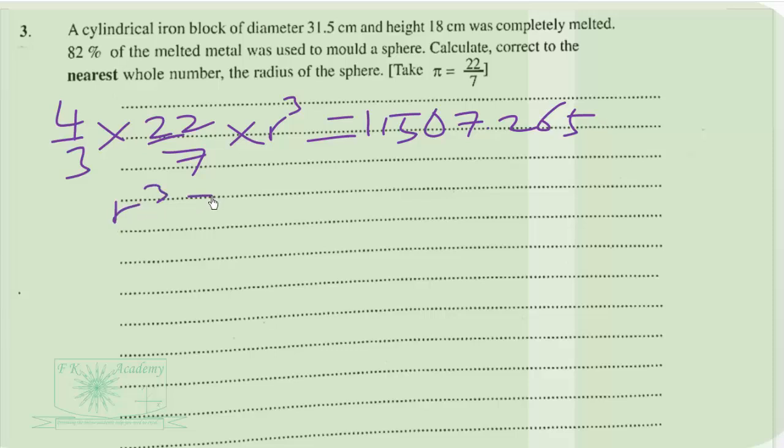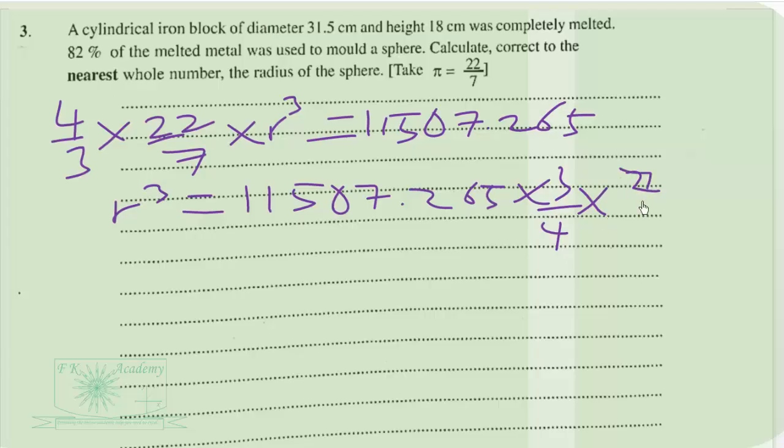So r cube will be equal to 11507.265 times 3 over 4 times 7 over 22. So we multiply by the reciprocal of what is here so that we can get the coefficient to be 1 here.